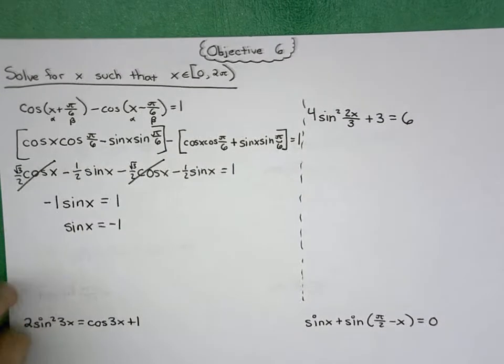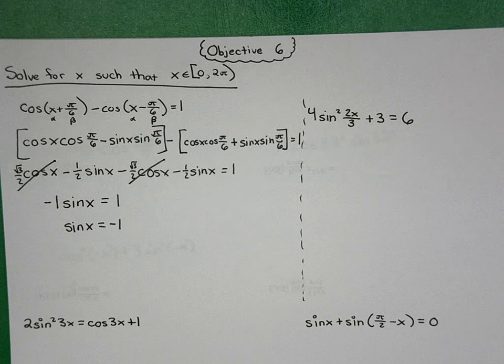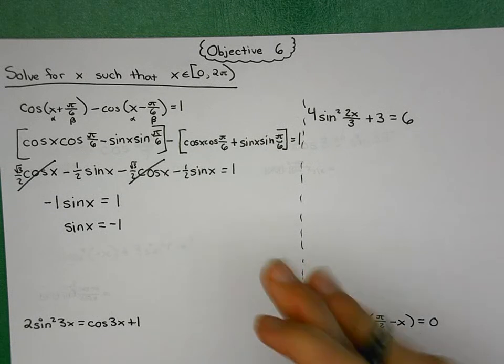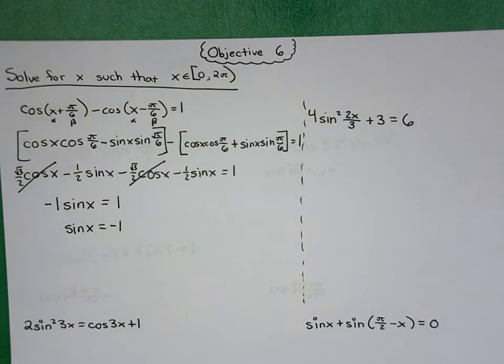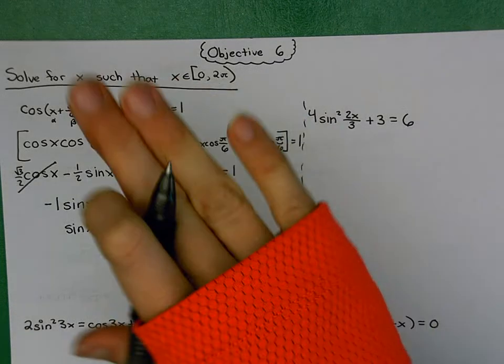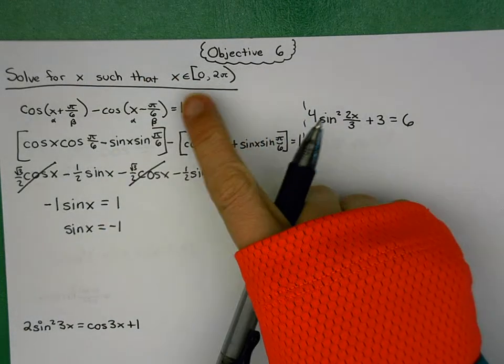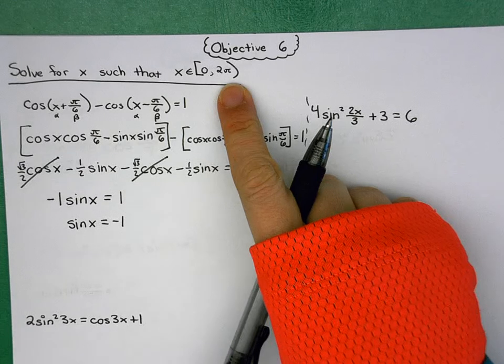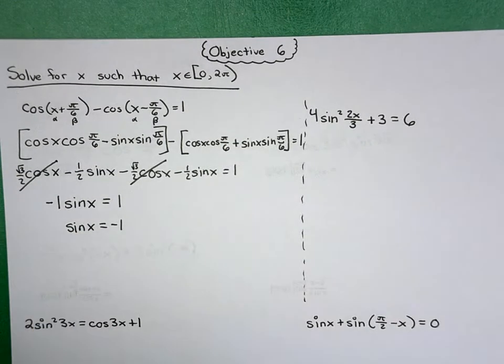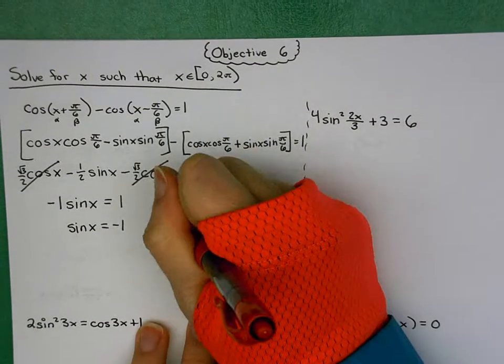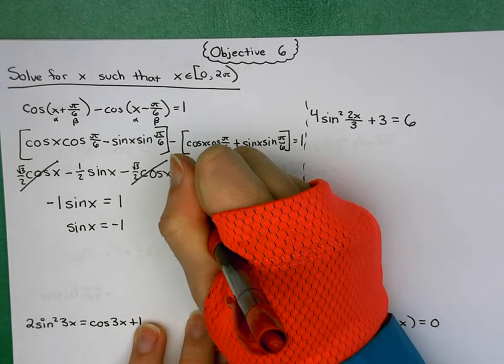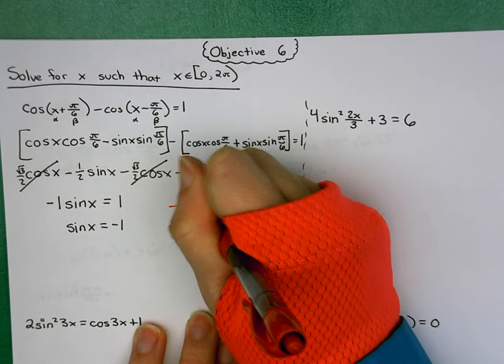And so the question is, well, for what angles between 0 and 2 pi, including 0 but not including 2 pi, would sine of x equal negative 1? Well, sine is 0 and negative 1, or 1, on each of your quadrantals.